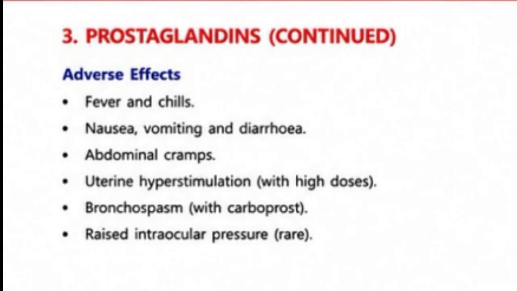Why? Because at this particular point, to the smooth muscle, what does PGI2 do to the smooth muscle? It contracts the smooth muscle and drops the blood pressure. So that's what it does. So prostaglandin can also equally cause smooth muscle contraction, which you could see in diarrhea because there will be increase in peristalsis.